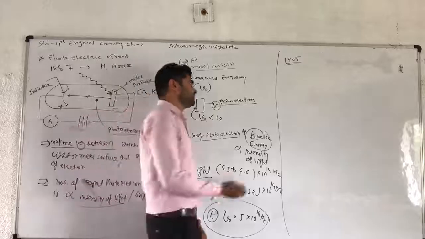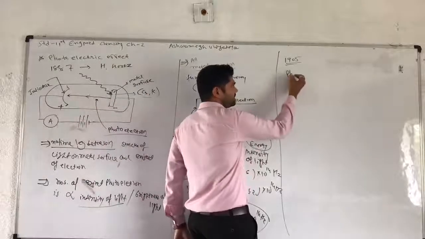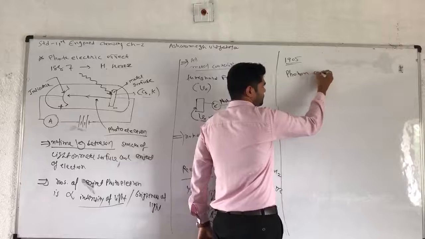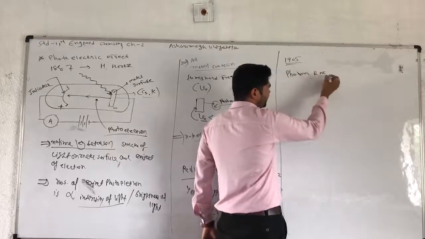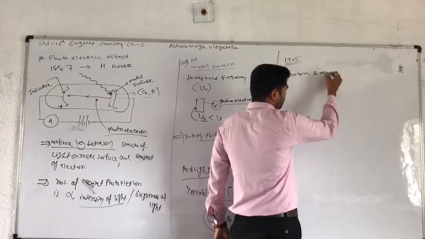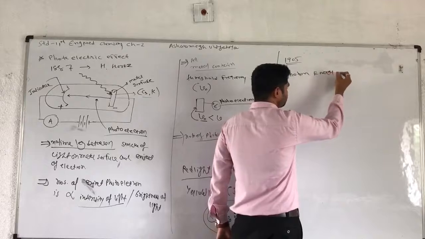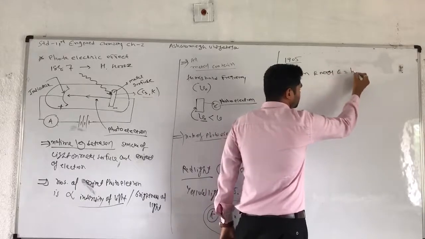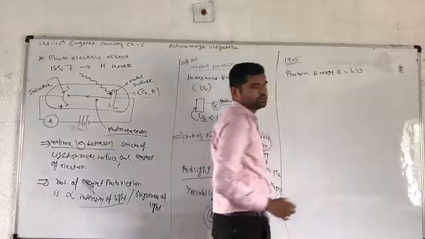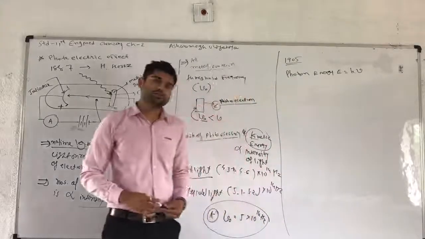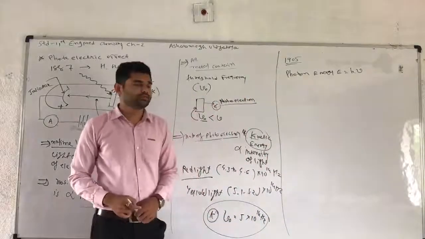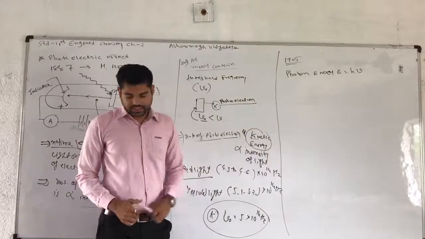Planck's equation gives the energy of a photon: E is equal to h nu. Using this equation, energy can be given.